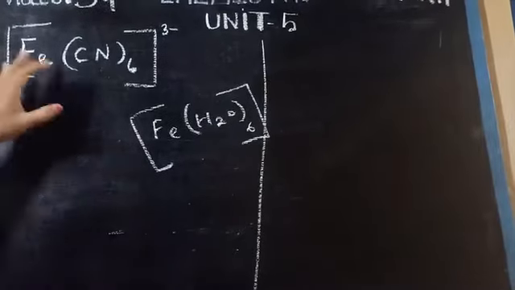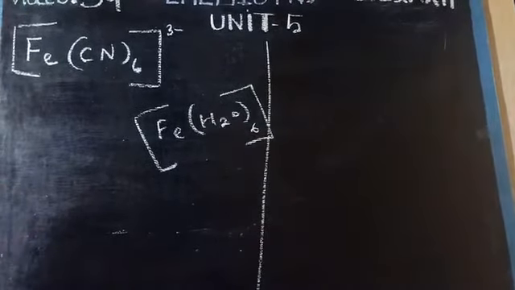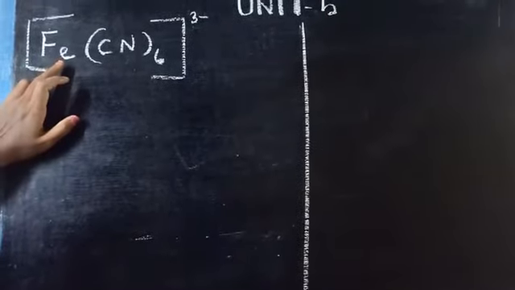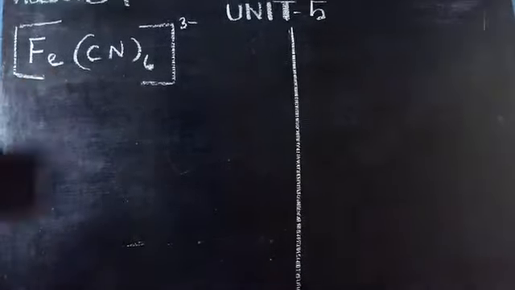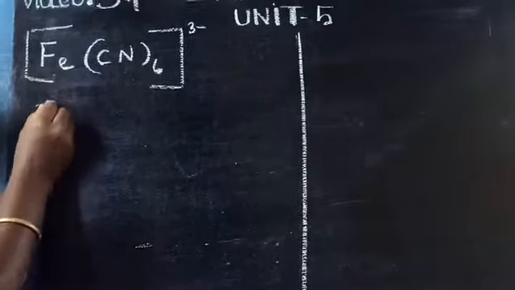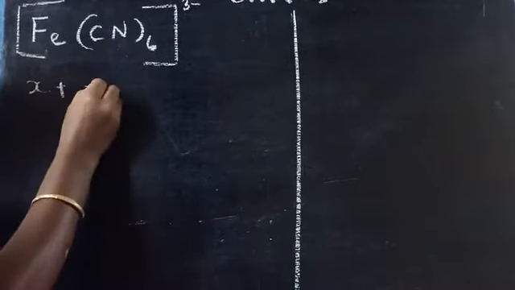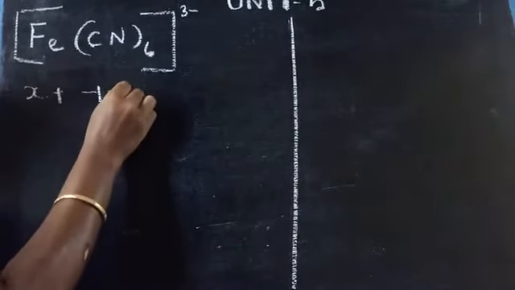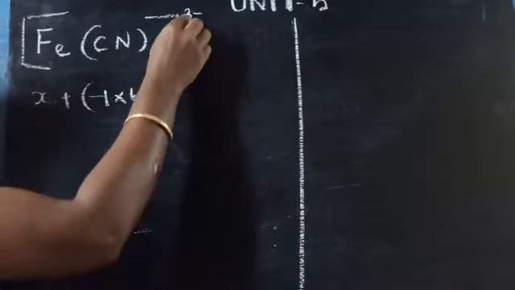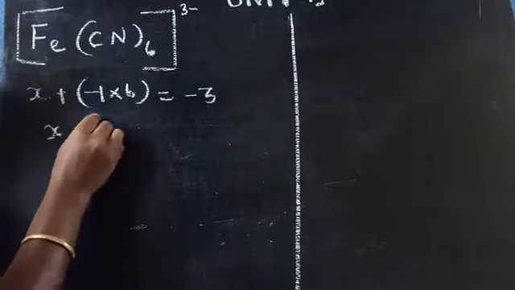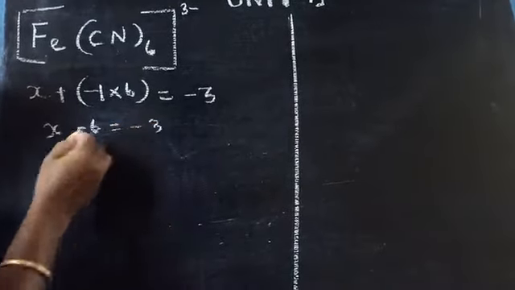Okay, in this video we discuss [Fe(CN)6]3-. First find out the oxidation state of iron. Okay, so Fe is considered as X, cyanide is minus 1, 6 times, equal to minus 3. So X minus 6 equals minus 3.